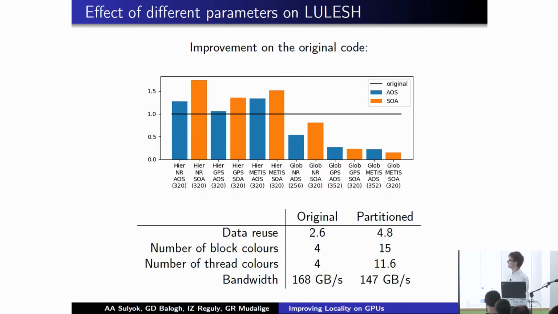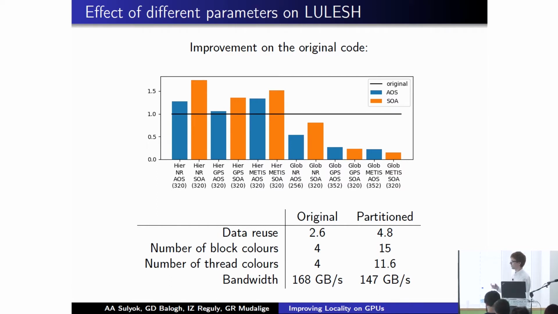Now the problem with high data reuse is that it correlates with a higher number of thread colors. Especially in the case of Lulesh, which is a three-dimensional, highly connected mesh, the number of colors of the original mesh is high, and partitioning made it even worse.